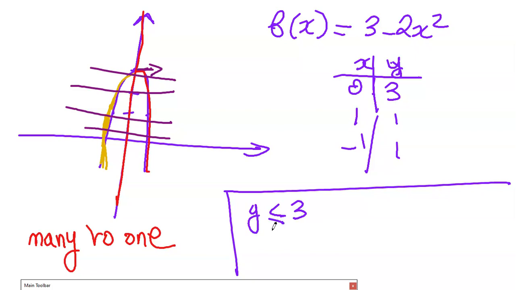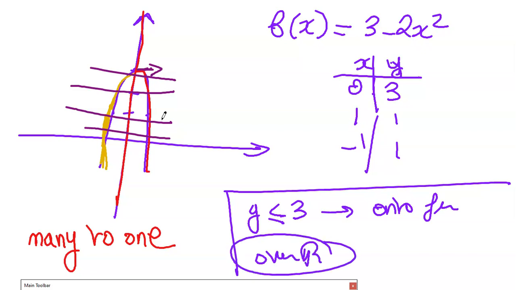Yes, it's an onto function for y less than or equal to 3, because for all the values of y less than or equal to 3, I have an x. But if I say, is it an onto function over R? No, over R it's not onto because, for example, for y equal to 4, I don't have an x. y equal to 4 is not an image of any point in the domain of definition.